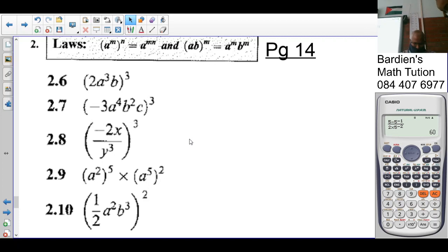B. 2 times 3? 6. C. 1 times 3? So what's 3 cubed? 3 times 3? Remember, what does 3 cubed mean? What does 3 cubed mean? 3 times 3 times 3. So it's going to be negative 27, 8, 12.